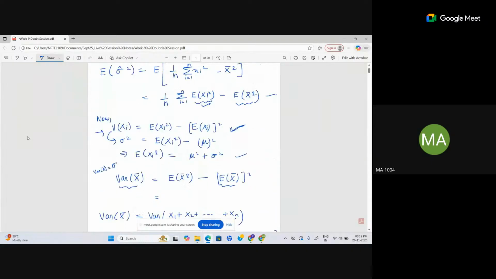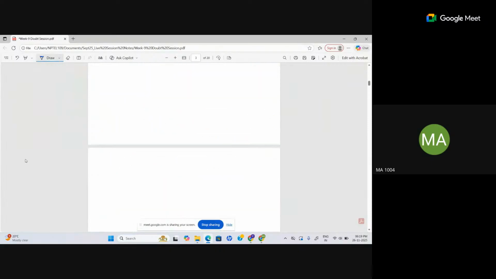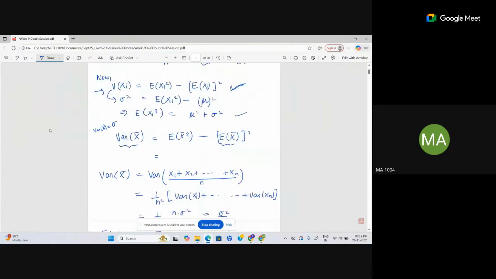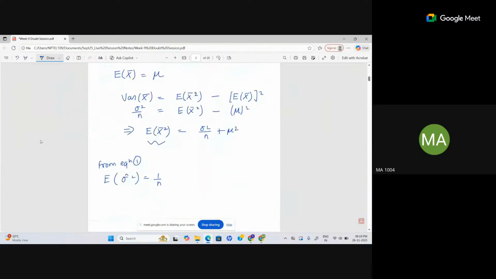Now we can just put these two values. Suppose this is equation number 1. So I will substitute the values. Expectation of sigma hat square will be equal to 1 upon n, and then we have the summation of expectation of xi square.